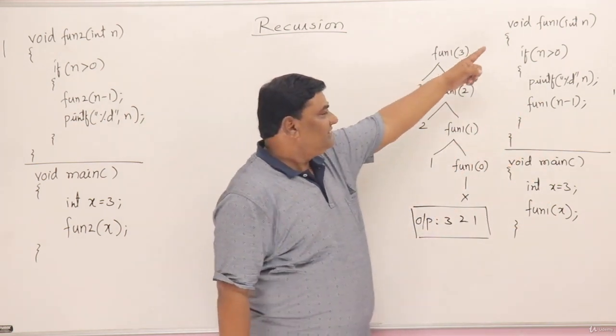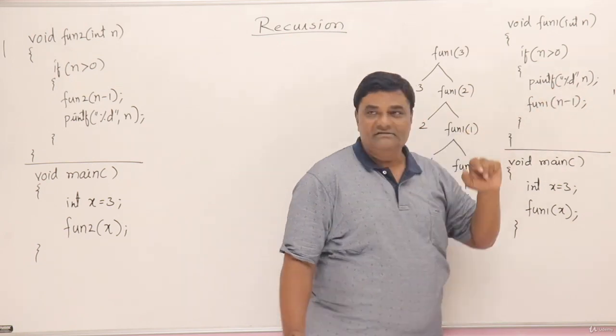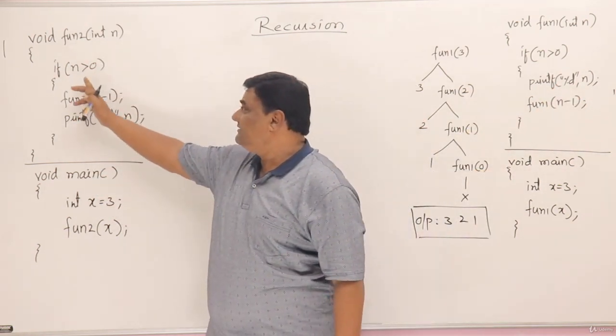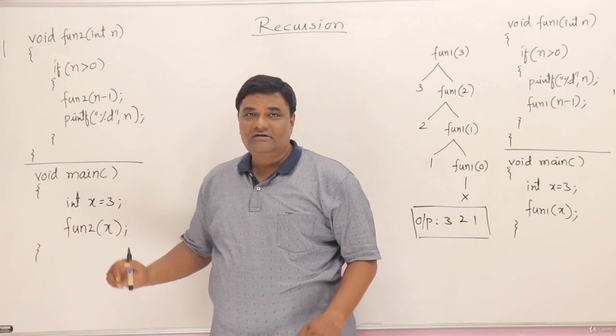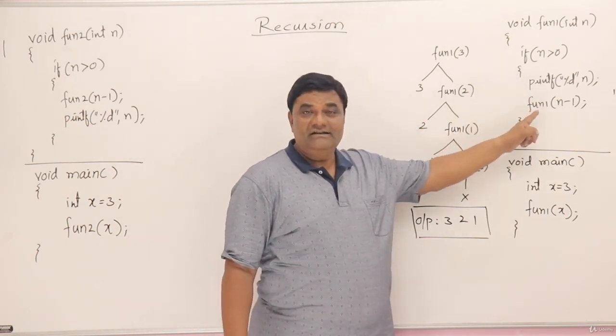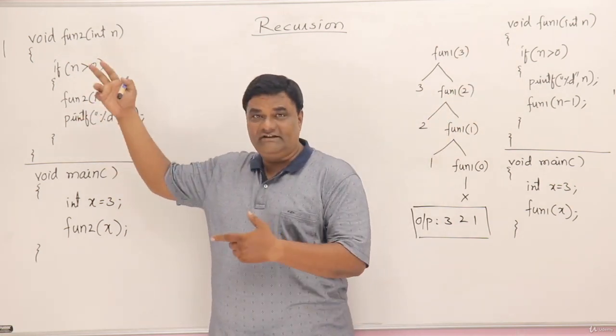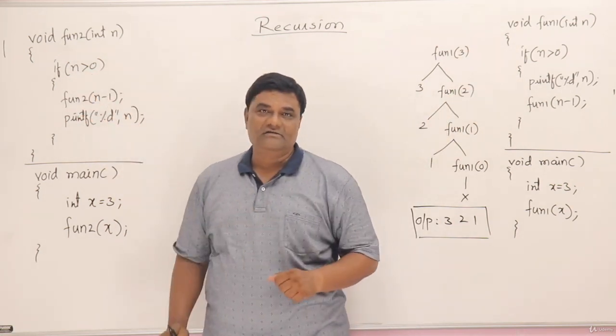Inside fun1, it is taking parameter n, and n greater than 0, two things are done. Here also taking parameter n greater than 0, two things are done. But the difference is, here it is printing and then calling itself. But here, first it is calling itself, then printing.